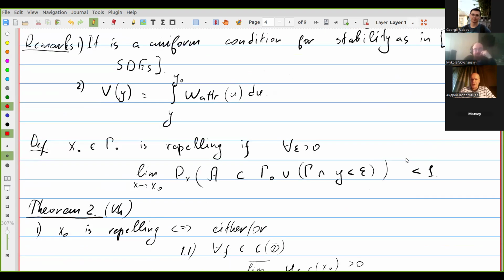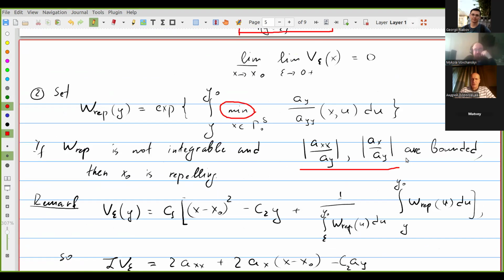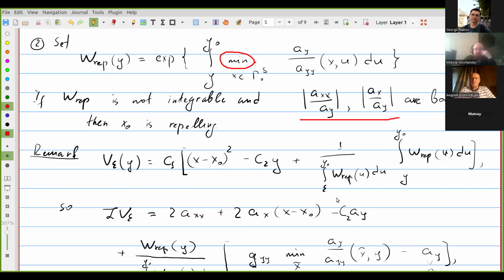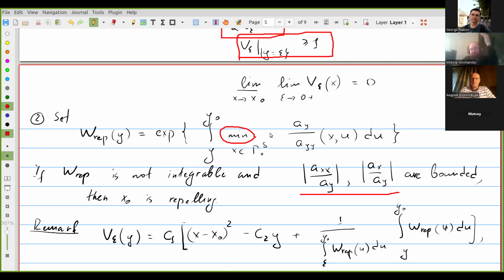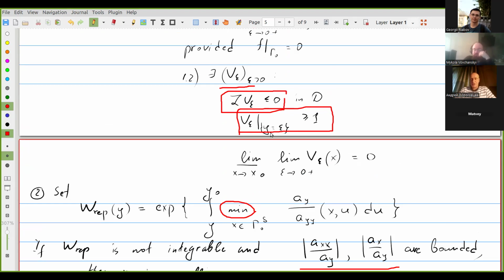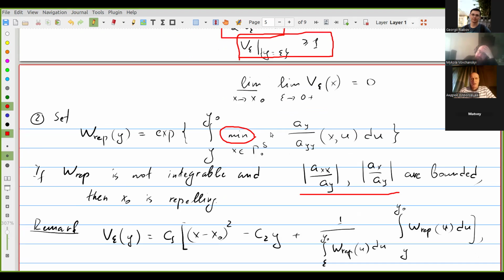It depends, so for instance, here we have minimum if we want repelling. It effectively depends whether you want this to be integrable or not integrable. If you want it integrable, as it goes into the denominator, you use minimum. Otherwise, you use maximum, etc. Yes, in both cases, it's a sufficient condition.